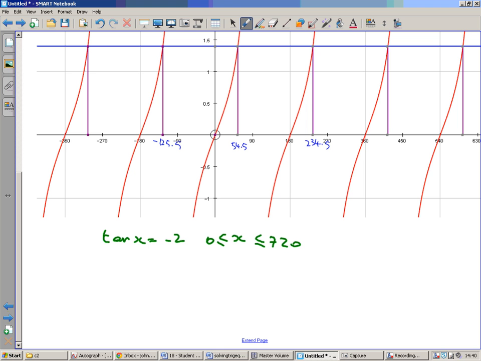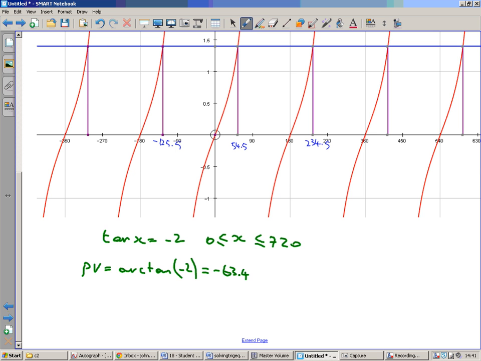Okay, so first thing you do, find a principal value, arctan of minus 2, which is minus 63.4.